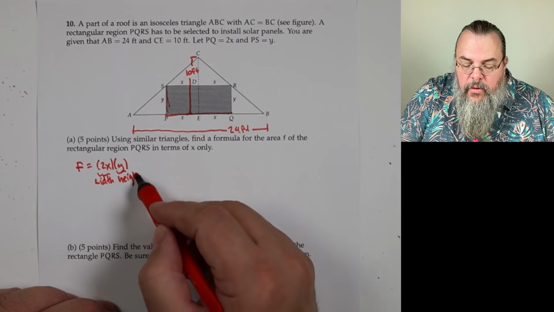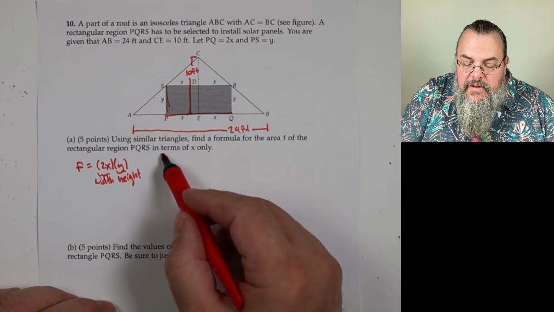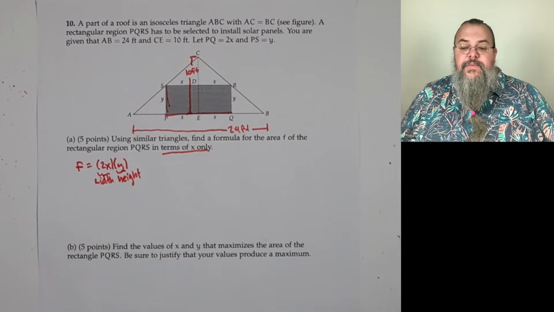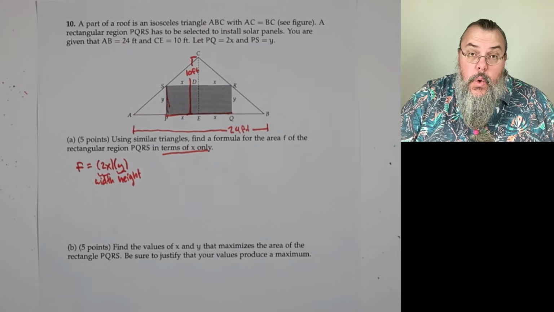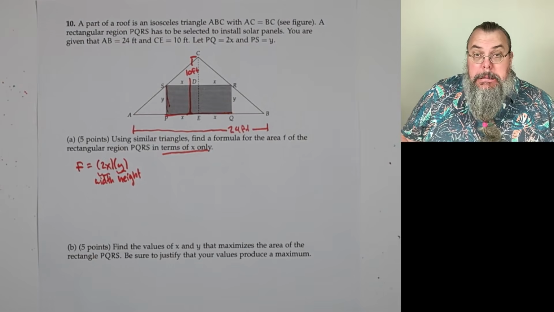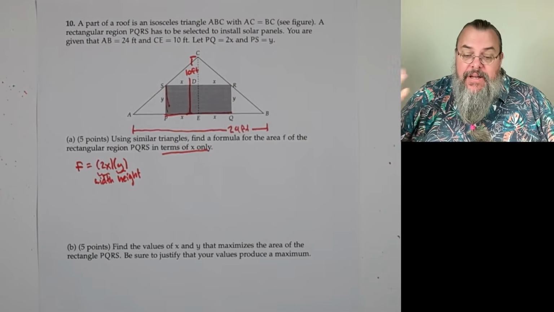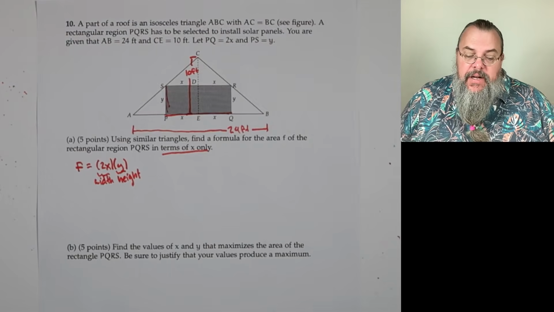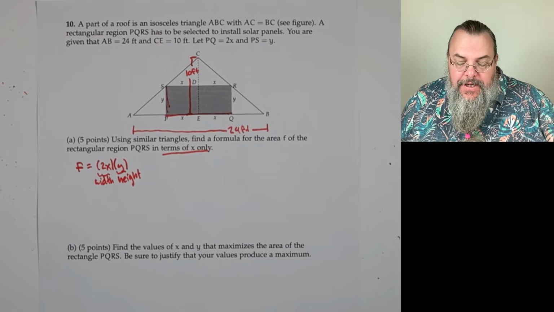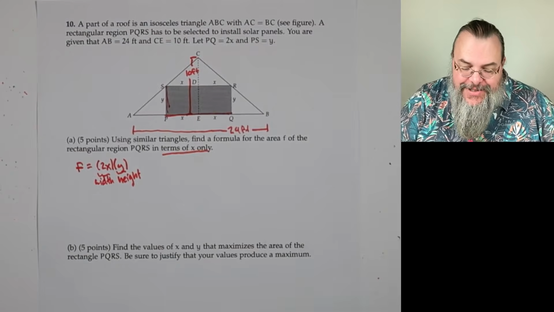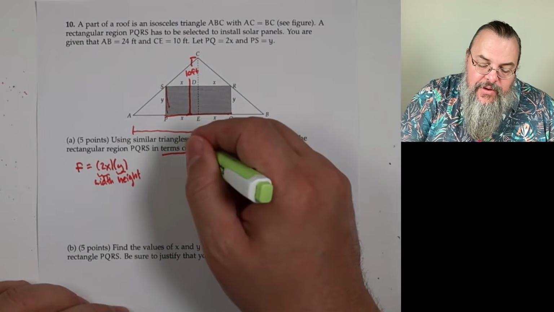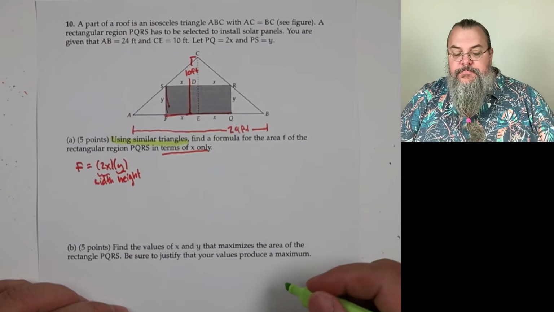And you're like, cool, cool, cool, except it's not in terms of x only. So we need to replace y by something which has an x. But how are we going to do it? Well, we don't have a choice. We need to use similar triangles.